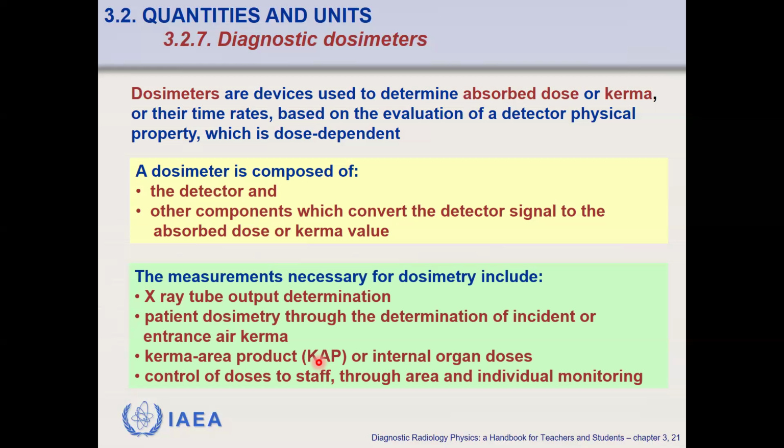So the control of doses to staff through area and individual monitoring. So staff dose monitoring includes area monitoring to measure environmental radiation levels and individual monitoring to track personal radiation exposure.